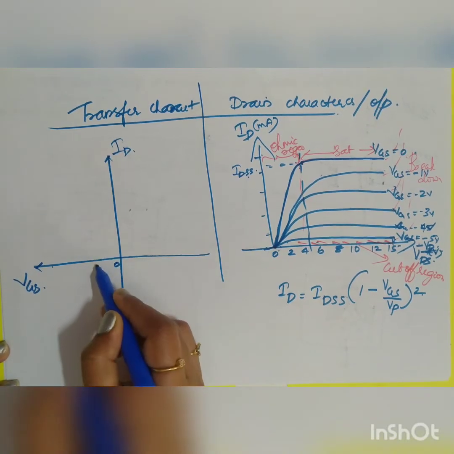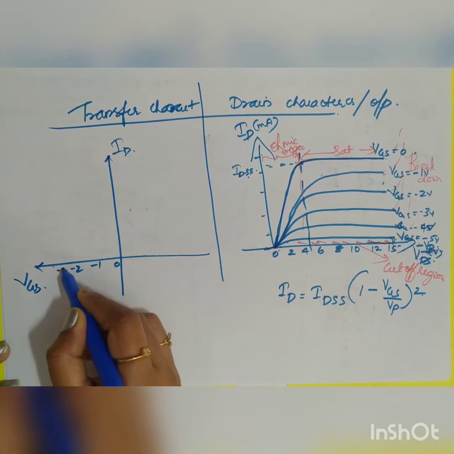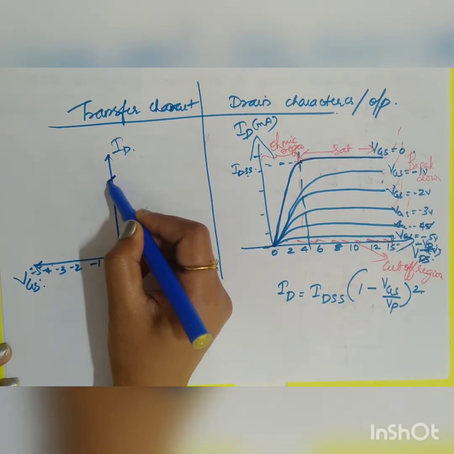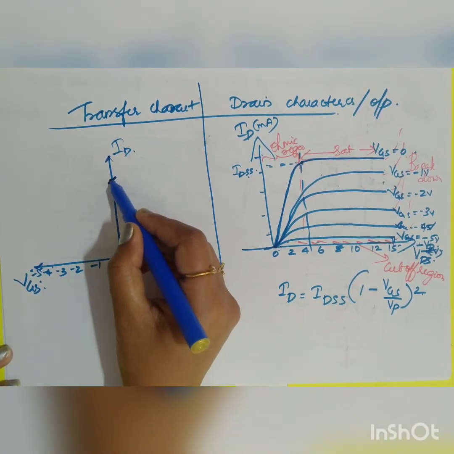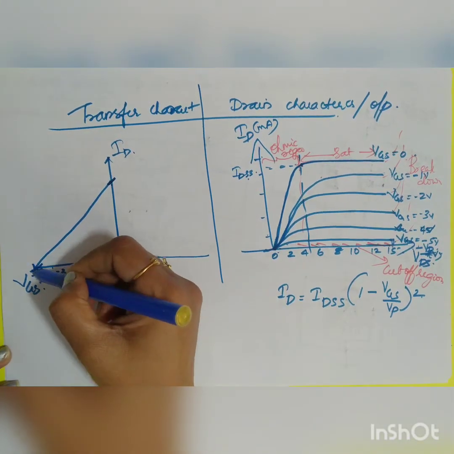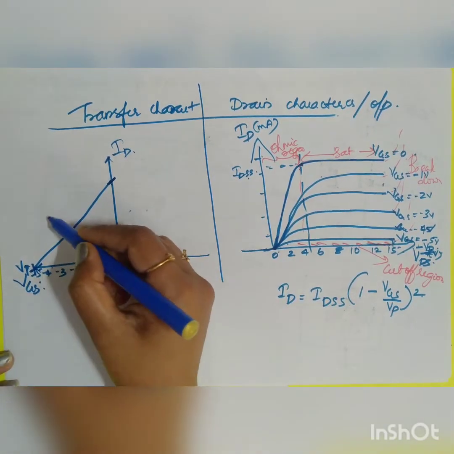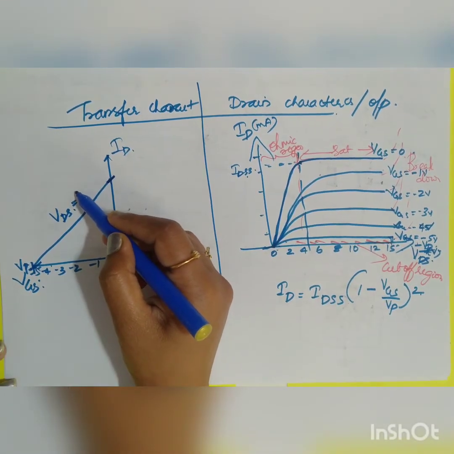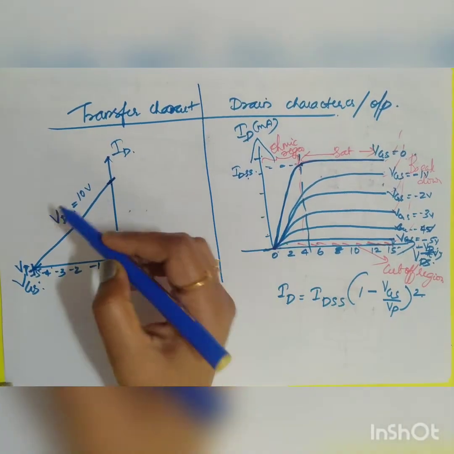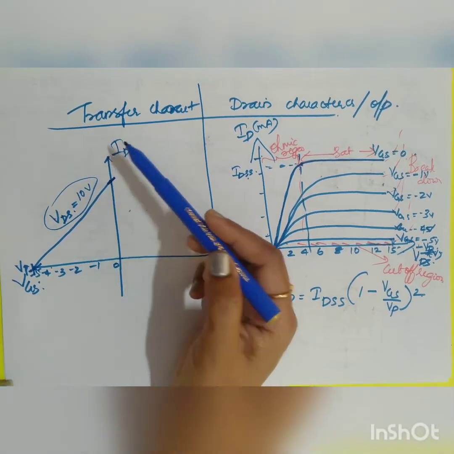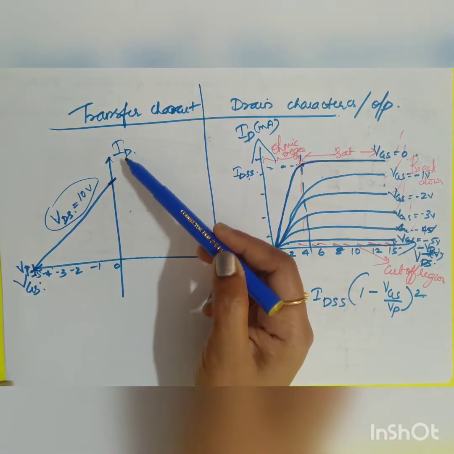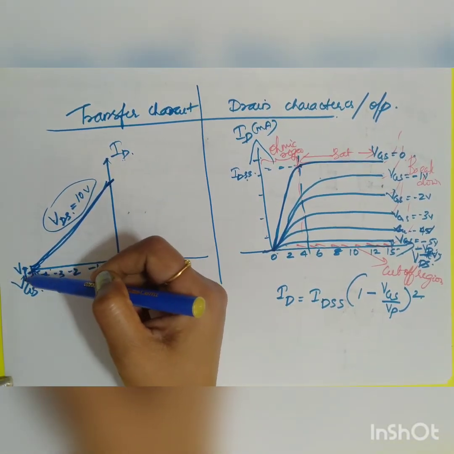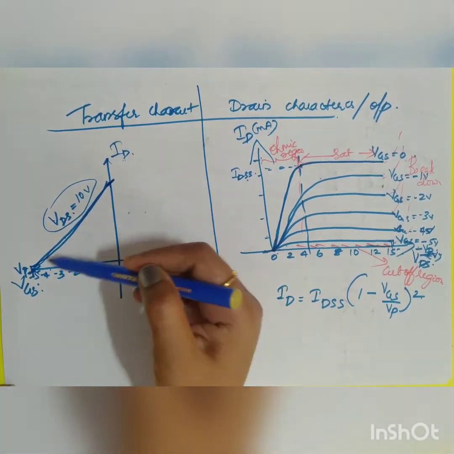Here it is negative: minus 1 volt, minus 2 volt, minus 3 volt, minus 4 volt, minus 5 volt, etc. The current will be maximum when VGS is equal to 0 and it starts decreasing until it reaches the pinch-off voltage, where the current becomes 0, keeping VDS, the output voltage, constant. If I take this as 10 volt or 5 volt, keeping it constant, the graph plotted between your drain current and VGS is called your transfer characteristics.